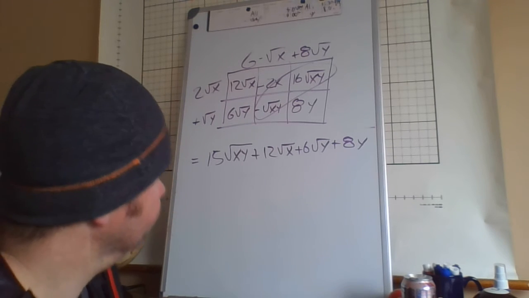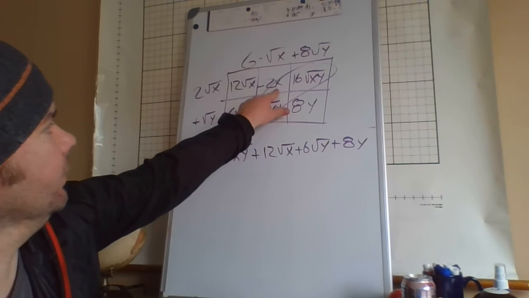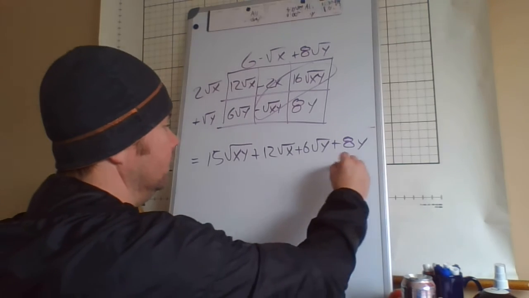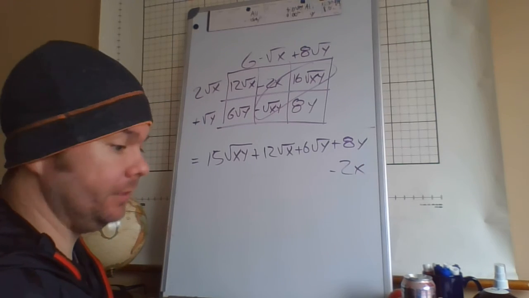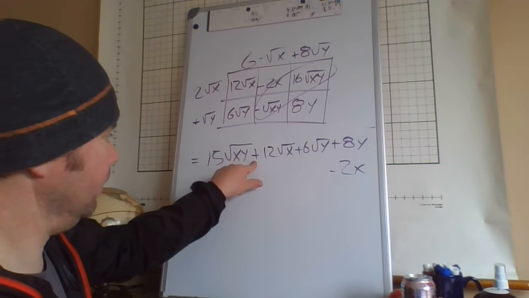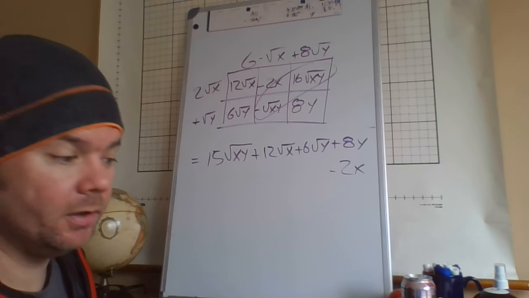And wait a minute, I almost missed this guy. Negative 2x, minus 2x. So there's actually 5 terms in this. 15 times the square root of xy plus 12 times the square root of x plus 6 times the square root of y plus 8y minus 2x.